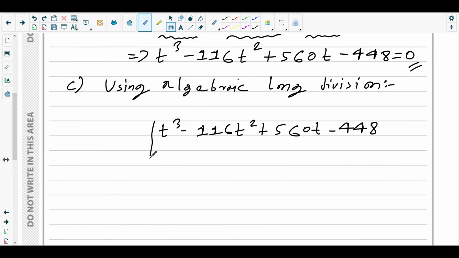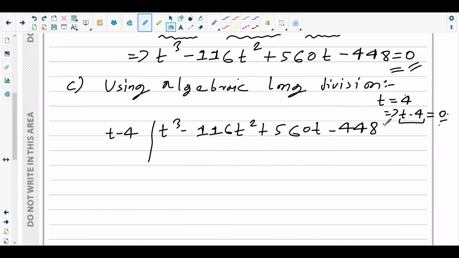Okay, so we will divide it by t minus 4, since t equals 4 is a solution, right? So we can write t minus 4 equals 0. So t minus 4 is a factor of this cubic equation. So we can divide it by t minus 4.